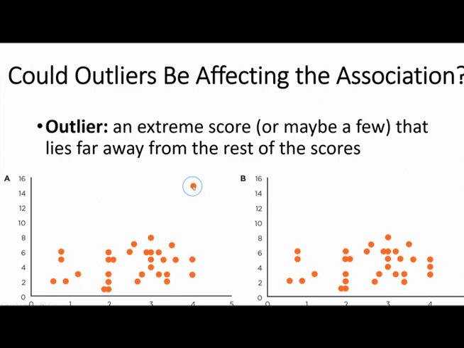This dot goes along with a person who got 4 on whatever this axis is, and who got 15 on whatever this axis is. You could use this information to calculate an R, to figure out what the association here is, and we can see what's going on.